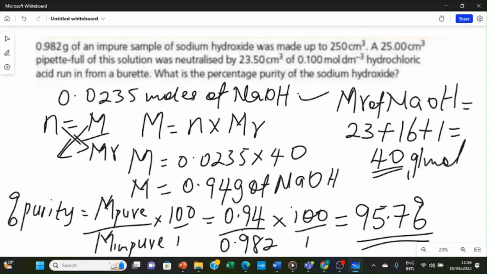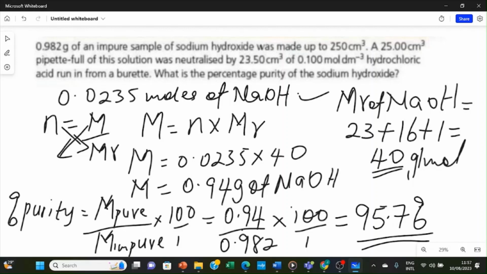That is the percentage purity of sodium hydroxide. So as you can see, it's as simple as ABC. The percentage purity of sodium hydroxide in the impure sample is 95.7%.